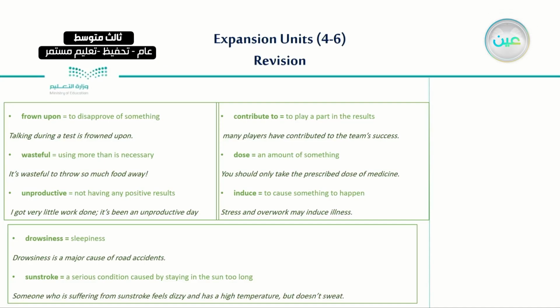Contribute means to play a part in the result. A dose is an amount of something, and induce means to cause something to happen. We also read about drowsiness, which means sleepiness, and sunstroke, which is a serious condition caused by staying in the sun too long. And we gave examples of all of these new vocabulary and terms.